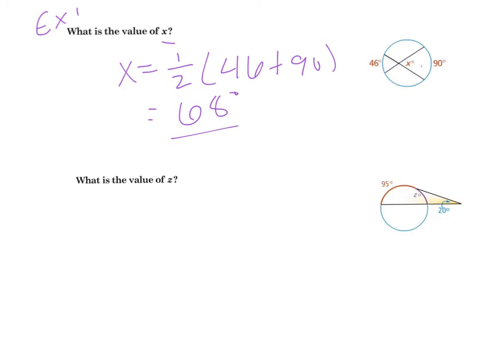Alright, next question, example 2. This one says to find the value of z. z is an arc measure. If you look back at your theorems that we wrote down, theorem 12-14 is the one we'll want to use here.